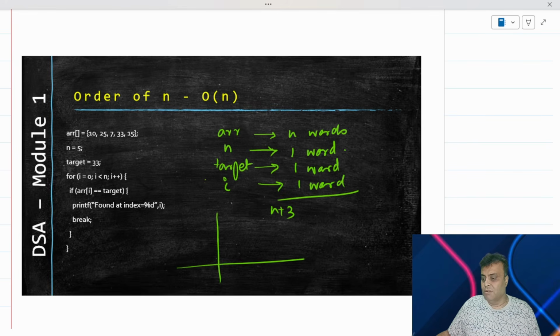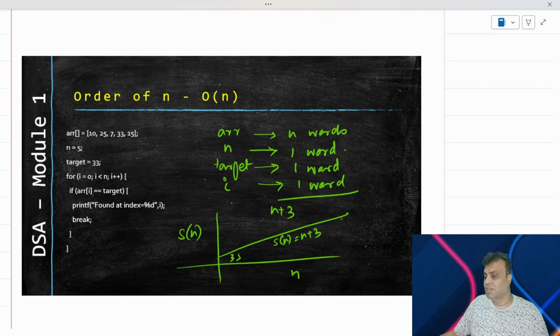Do you think we can represent n plus 3 as a space curve like this? So this is my 3, and this is my Sn equal to n plus 3. And n is the slope, right, that we have generated out here. So can I say this is in the form of y equal to mx plus c?